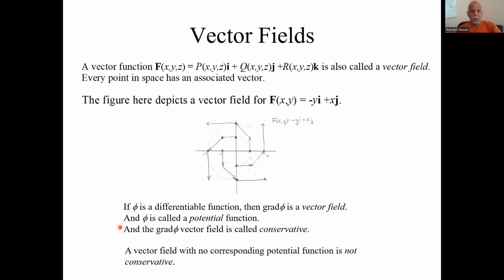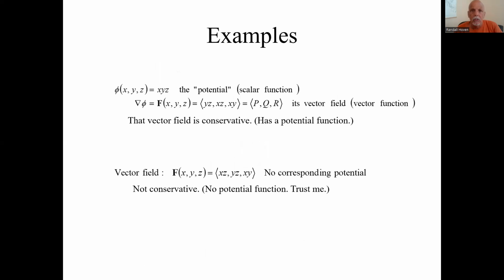And when that happens, you call that vector field conservative. Any vector field that can be generated from a potential function by taking its gradient is conservative. You can have a vector field that doesn't have such a potential function. Those vector fields are called not conservative. That's the definition of conservative, which we'll be using later in the course.